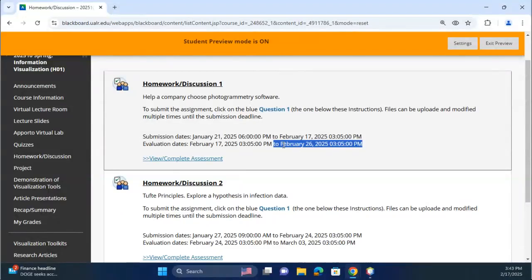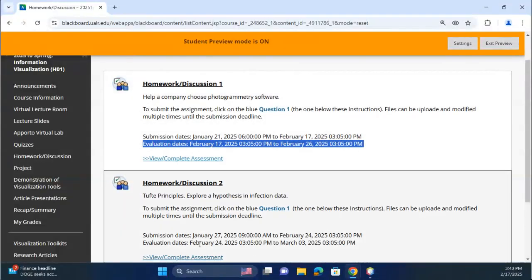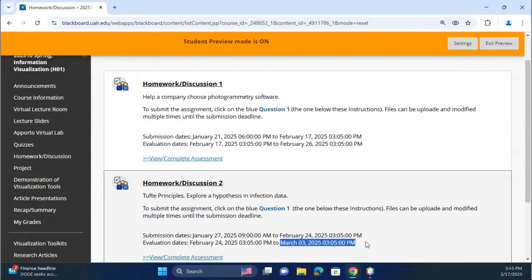Obviously, I cannot do it before you turn in homework 2 because they overlap. But at least the review, if you lost some points on the review portion, on the evaluation dates, I want to be able to do it before March 3rd or March 5th. So you have a chance.